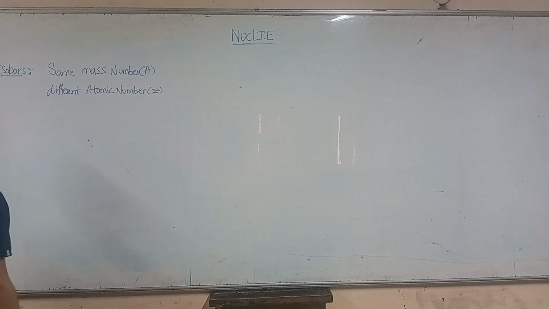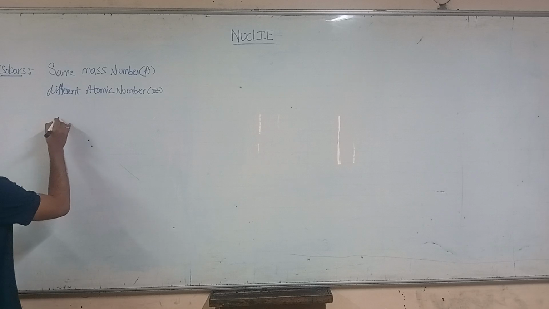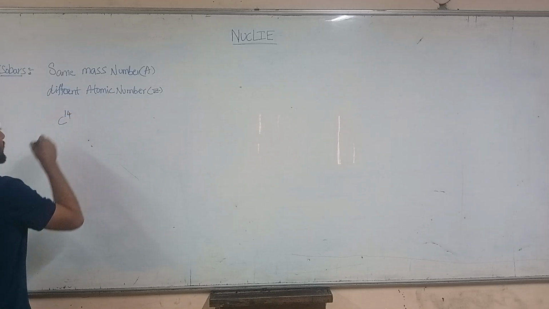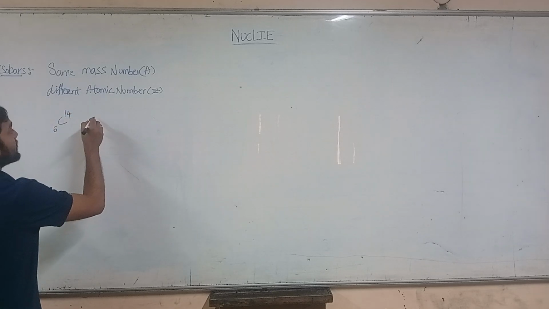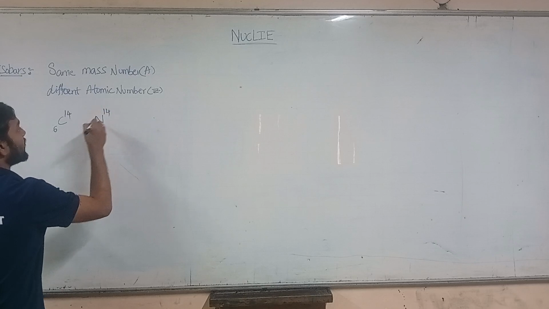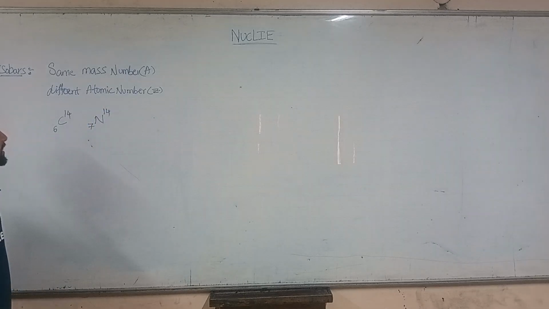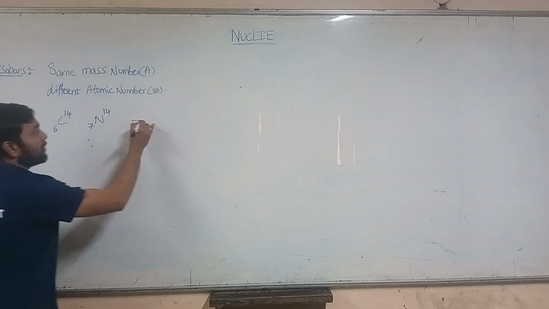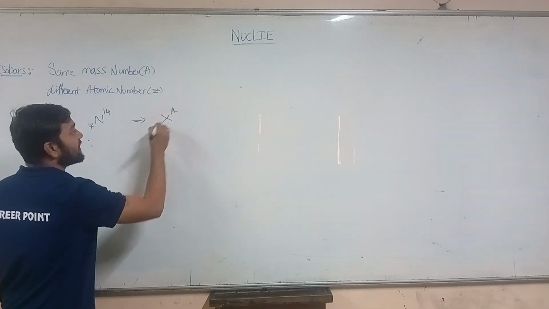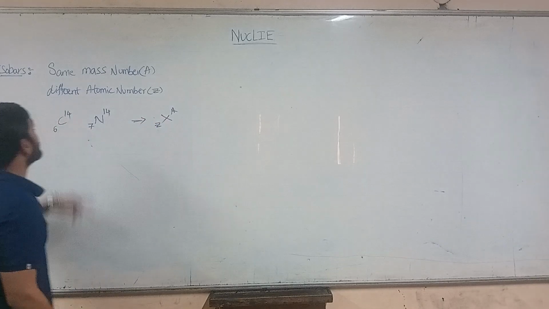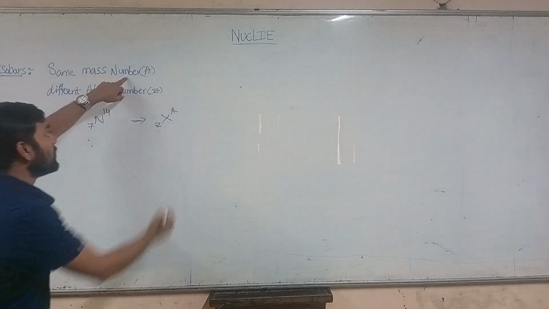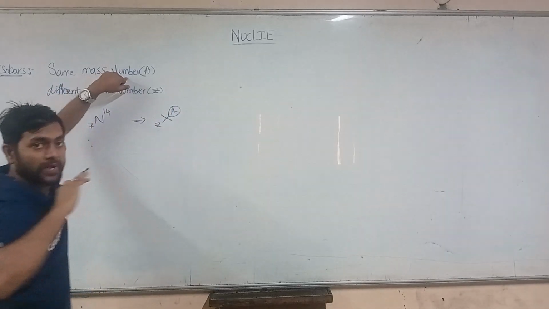Okay, so here let us take some examples: C 14, 6 and N 14, 7. Here we know that X has A here and Z here, right? So here the same mass number: A has to be the same.